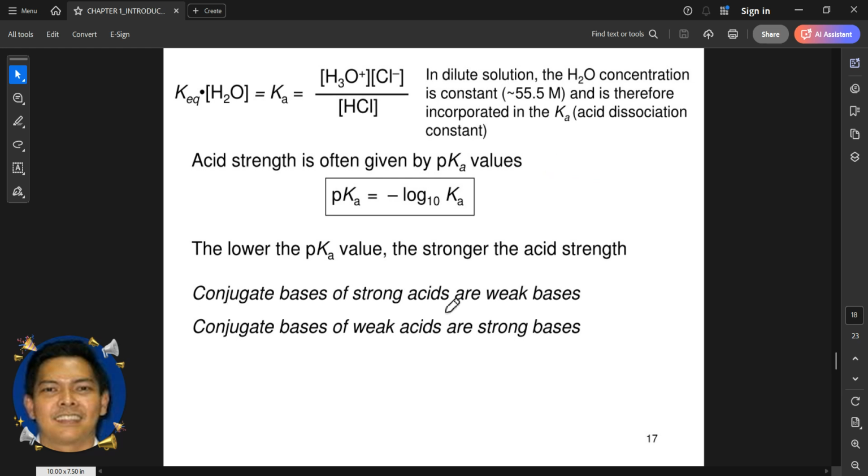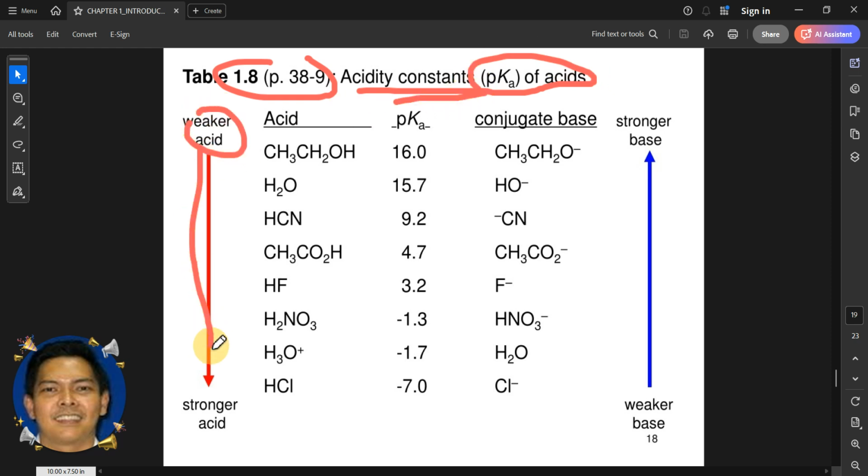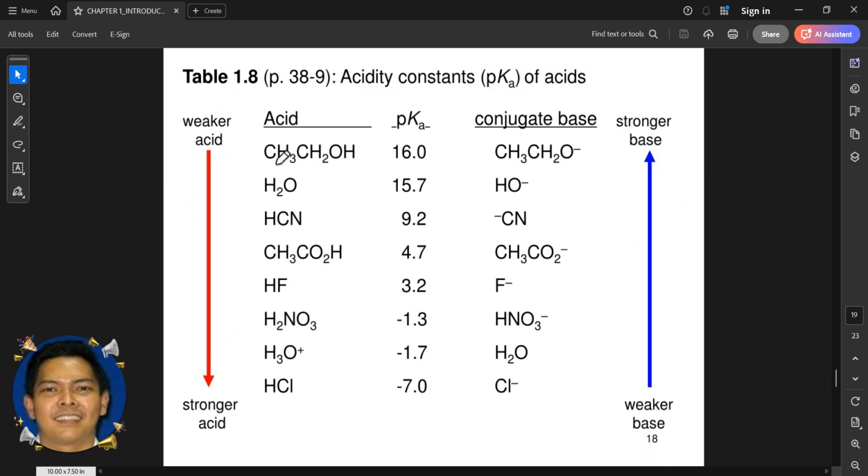Conjugate bases of strong acids are weak bases, whereas conjugate bases of weak acids are strong bases, and vice versa. Table 1.8 represents the acidity constants of acids. You can see the weaker acids and stronger acids, stronger bases and weaker bases.